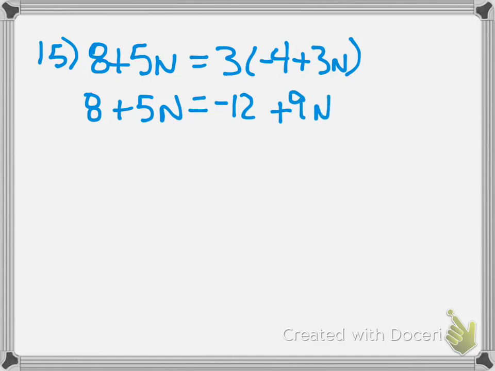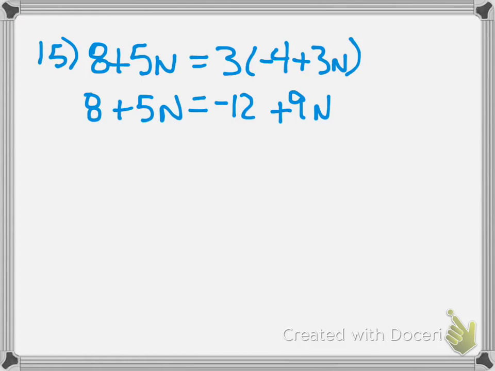And I've got 3 times 3 is 9n. I don't see any like terms to combine, because there's only 2 things on the left and 2 things on the right. Usually when you want to combine like terms, there's 3 things on one side, and you're trying to get it down to 2. So let's do our add or subtract.